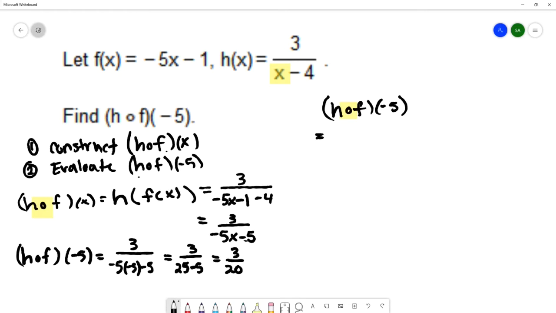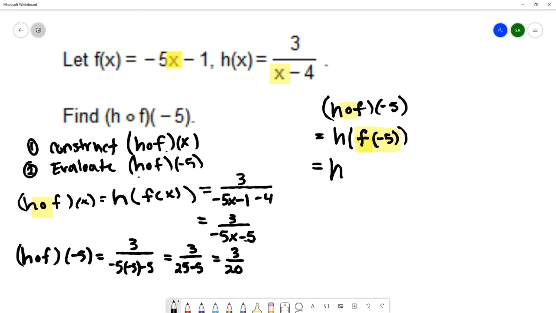So I can rewrite this using that definition. h is the outside function, f is the inside function, and we evaluate the inside function at -5. So I'm going to start by looking at the innermost parentheses, and that gives me instructions on what to do. f of -5 means that we're going to substitute -5 into the function f. So I'm going to substitute -5 in for this spot here.